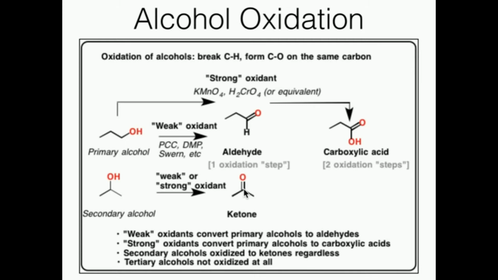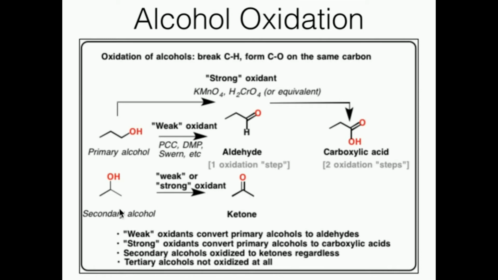Okay? Now, strong oxidants will do something different depending on whether you start with a primary or secondary alcohol. If you have a secondary alcohol, a strong oxidant will do the same thing as a weak oxidant would. A strong oxidant such as H2CrO4, which is sometimes referred to as a Jones oxidation, will still convert this carbon-oxygen single bond into a carbon-oxygen double bond.